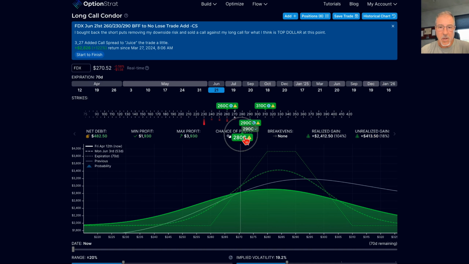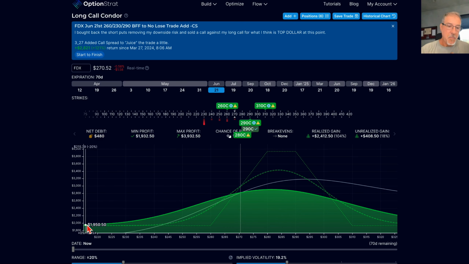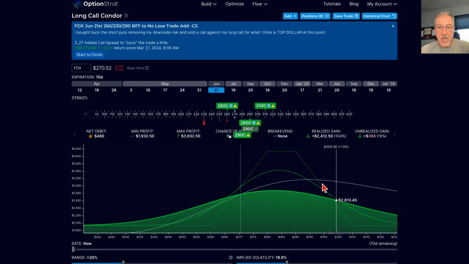So I can take a look at a couple different possibilities here. This one at 280 gives me a little bit of a higher peak in here. It also reduces my downside risk so that I'm guaranteed almost a $2,000 profit to the downside if the market were to sell off significantly. I'm the same on the upside. So this is an equal condor at this point.